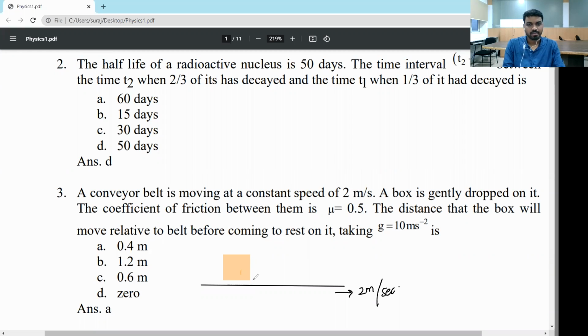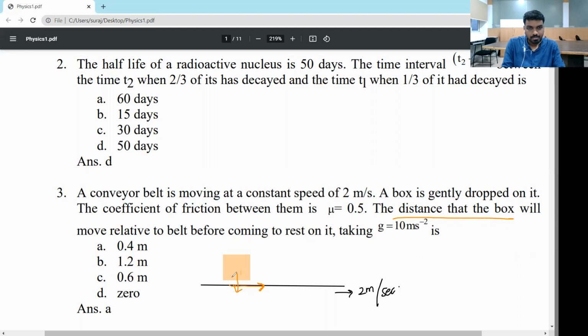Mu is given 0.5. If the box has been dropped, what will happen? The conveyor belt is trying to slide towards the right. What I want is the distance that the box will move relative to the belt before coming to rest on it.